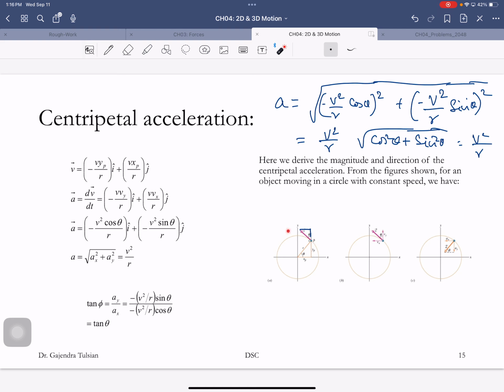So what we have shown is that when you're going around in a circle at constant speed, the magnitude of the acceleration is v squared by r.